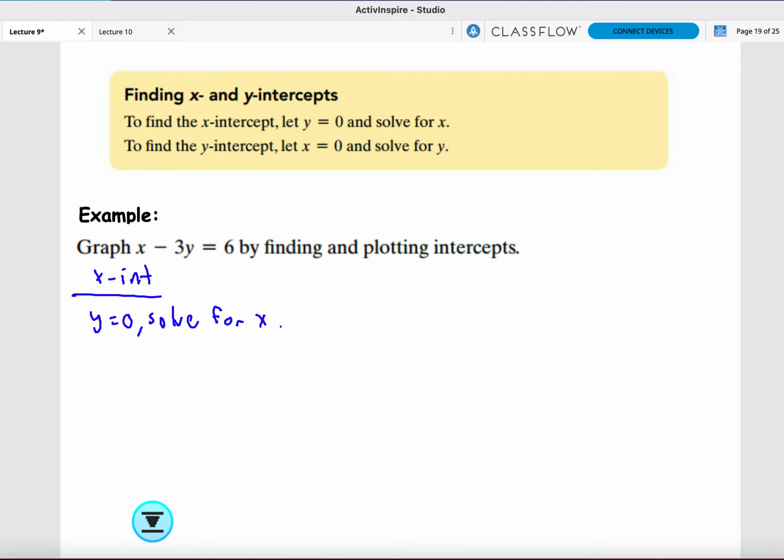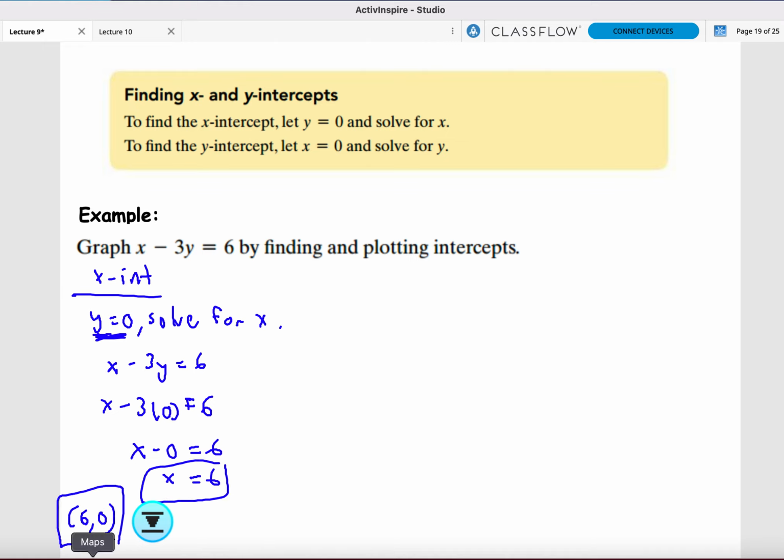Remember that. We have this equation, x minus 3y equals 6. Y is 0, so it'll be x minus 3 times 0 equals 6. Well, 3 times 0 is 0, so I get x minus 0 equals 6, which is just x equals 6, and that is our x-intercept: (6, 0).